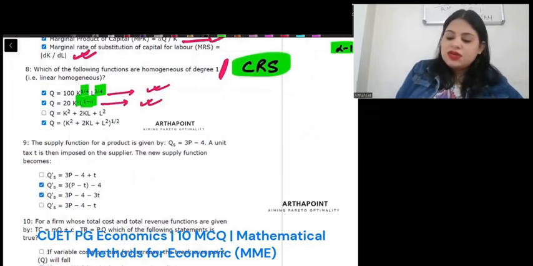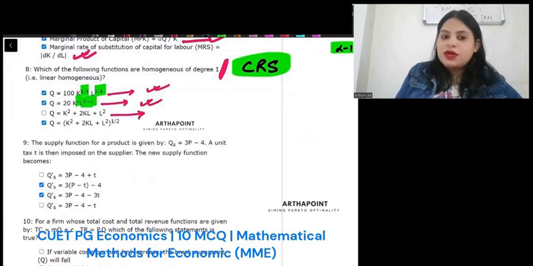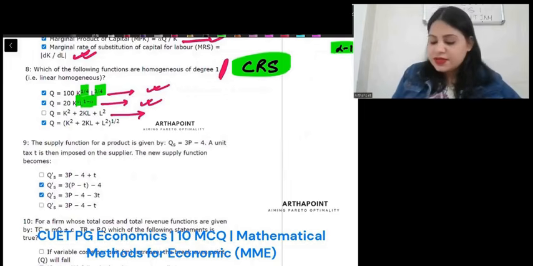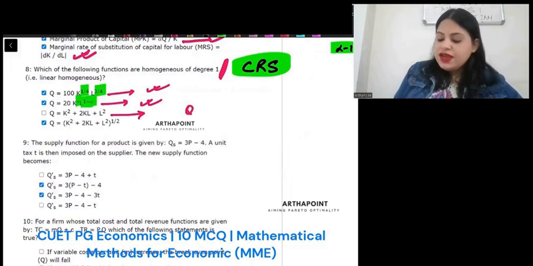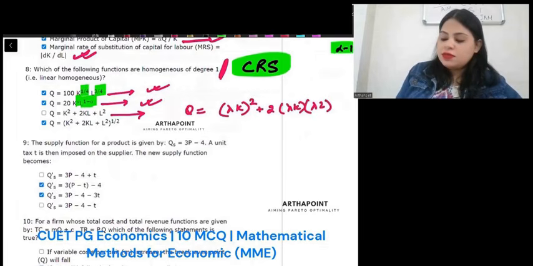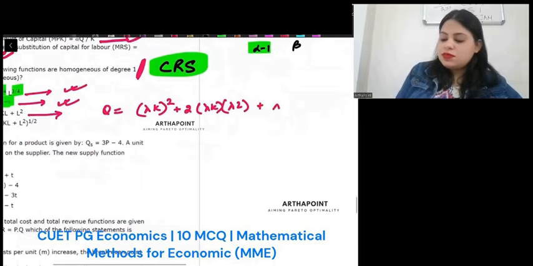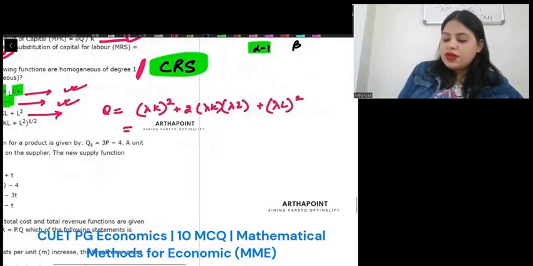Look at the third one, beta. This is homogeneous of degree 2. How do I know? If I change k by lambda k and L also by lambda L, what will I get?